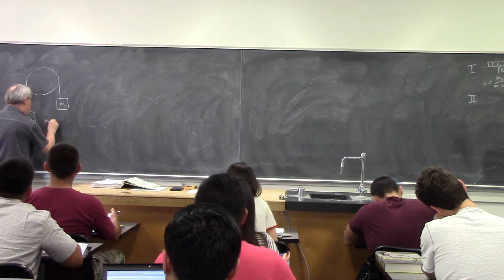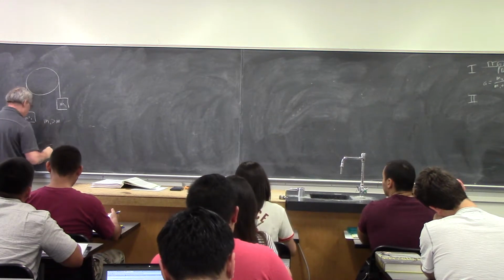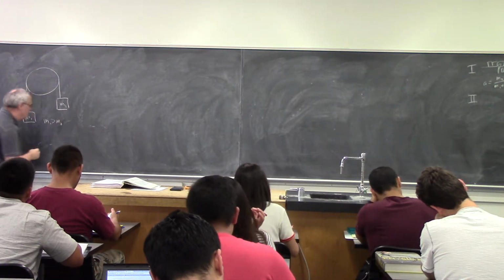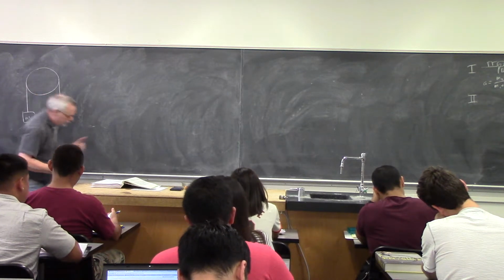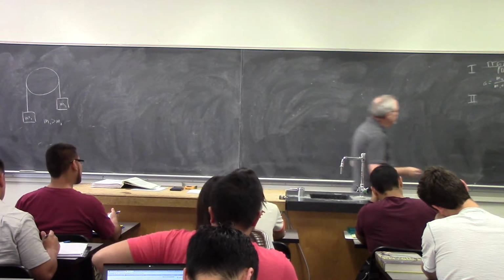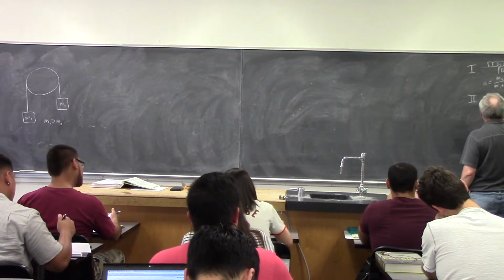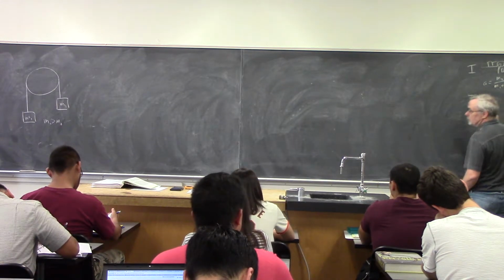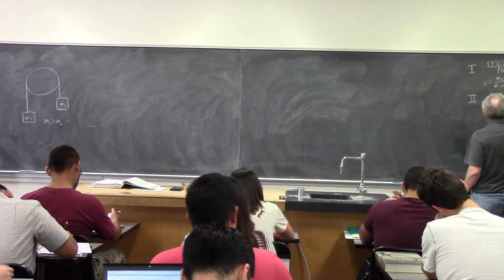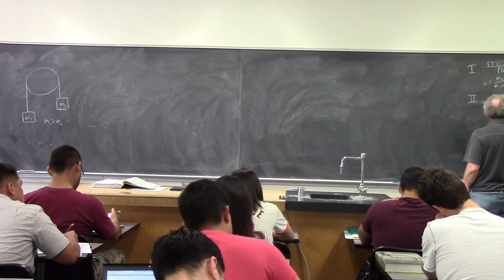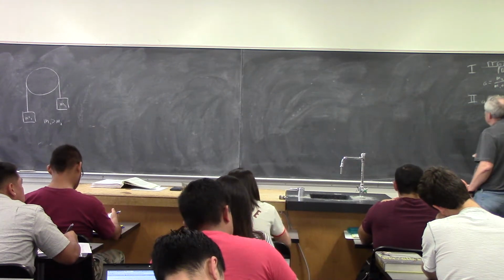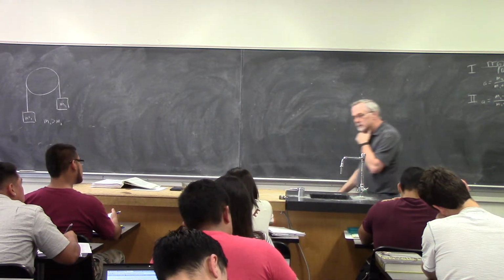I need to specify one of the others, so I'm going to specify that M1 is larger than M2. What we ended up getting there is that a was equal to M1 minus M2 all over M1 plus M2 times G. That should be in your notes from last time.